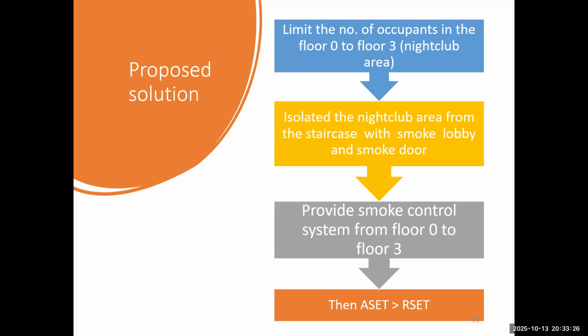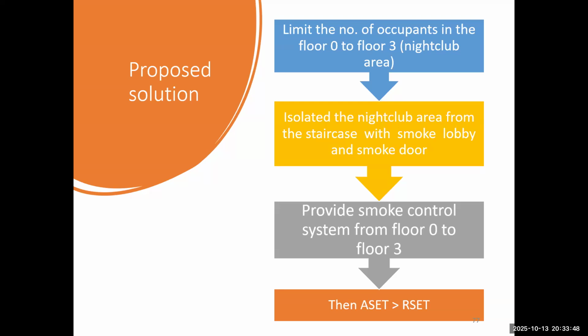And alternatively, we can also add more staircases as well. And finally, we can install a dedicated smoke control system to push the smoke away and give people more clear air time. So we can see that we have two key ways.